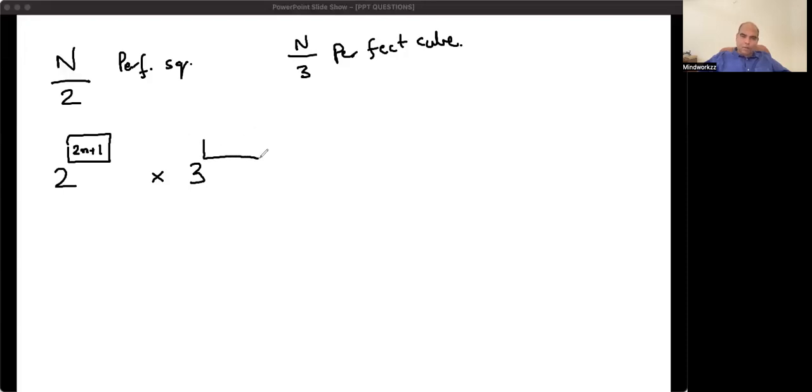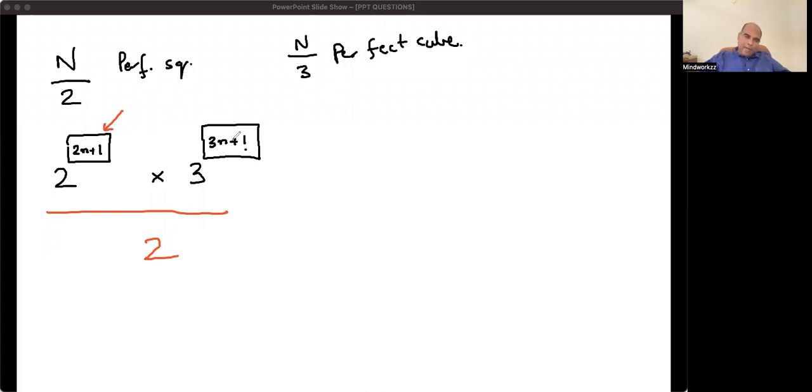And also the power of 3 has to be 3n plus 1, because when I divide it by 3, this plus 1 will get deleted and I'll get a value of 3n. At the same time, this is also telling me actually two more things. One, first of all, this number when divided by 2 should become a perfect square. So we got this condition based on that.